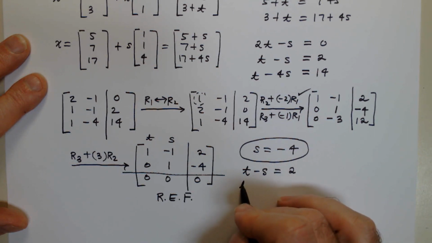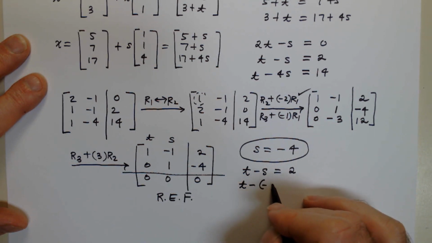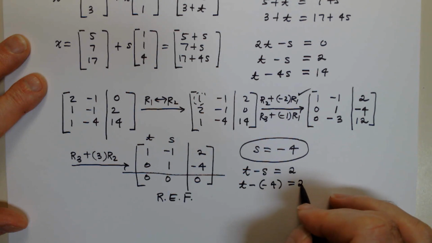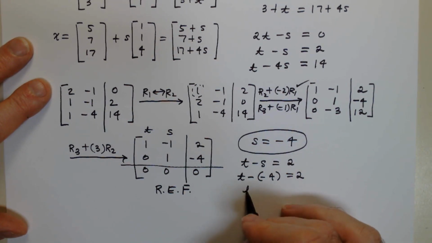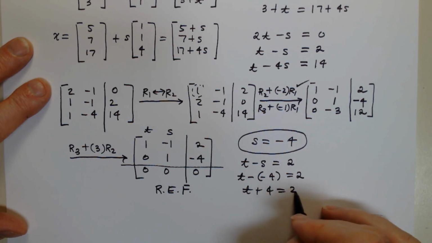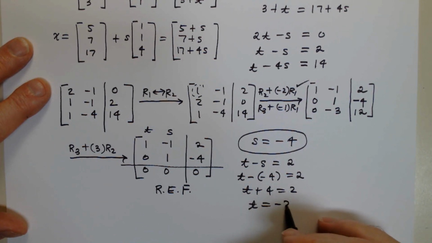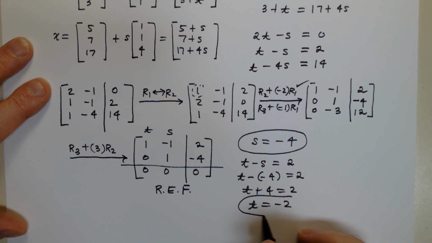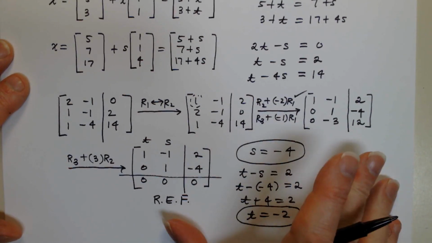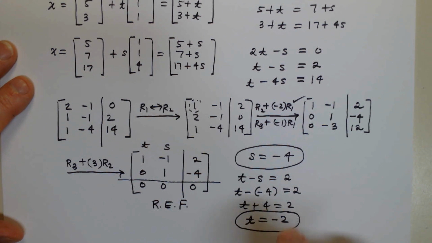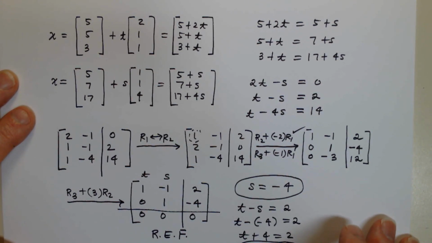And so that says that T minus a negative 4 is equal to 2. So T plus 4 is equal to 2. Or T is equal to negative 2. Okay? So in fact, these lines do meet. The lines meet when S is equal to negative 4 and T is equal to negative 2.